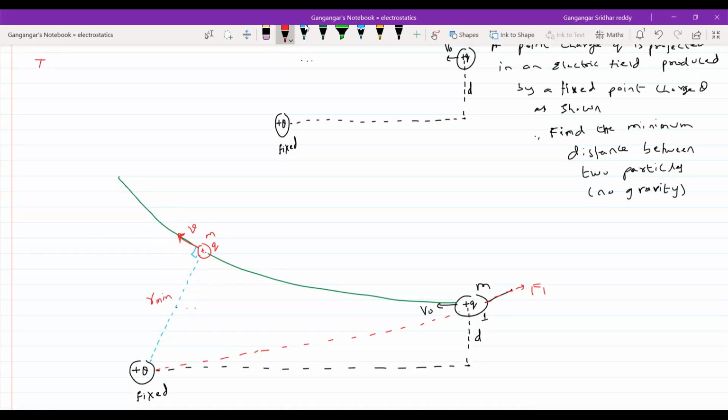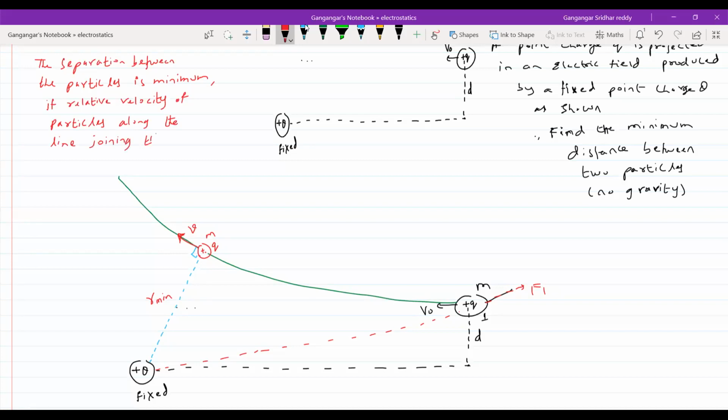The separation between the particles is minimum if the relative velocity of the particles along the line joining them is 0.